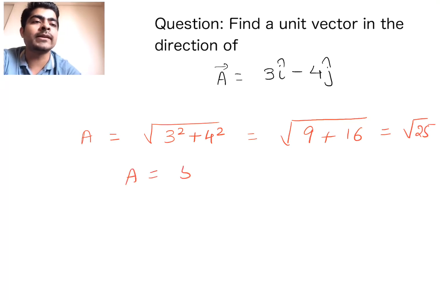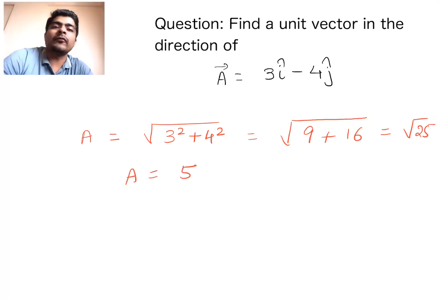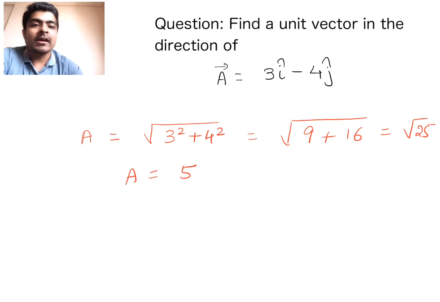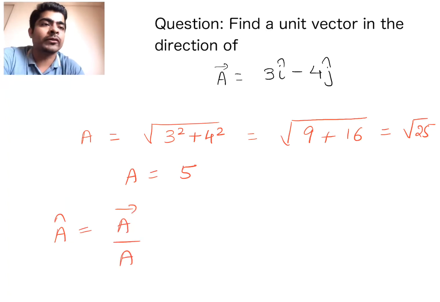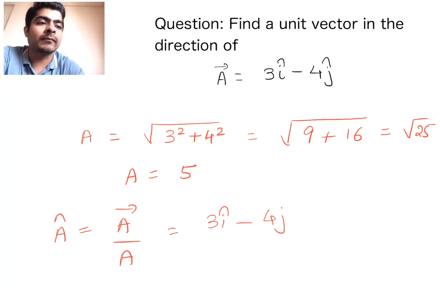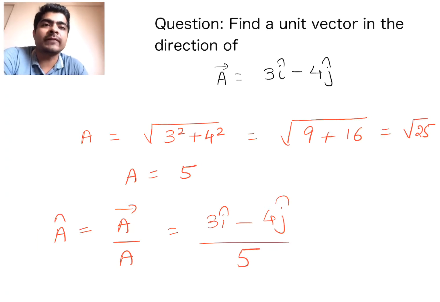So a will be equal to 5. Magnitude of a vector is 5. So you want a unit vector in the same direction as a vector. It's easy. A cap will be a vector divided by its magnitude. So this will be equal to 3 i cap minus 4 j cap divided by 5. That's it. This is the unit vector.